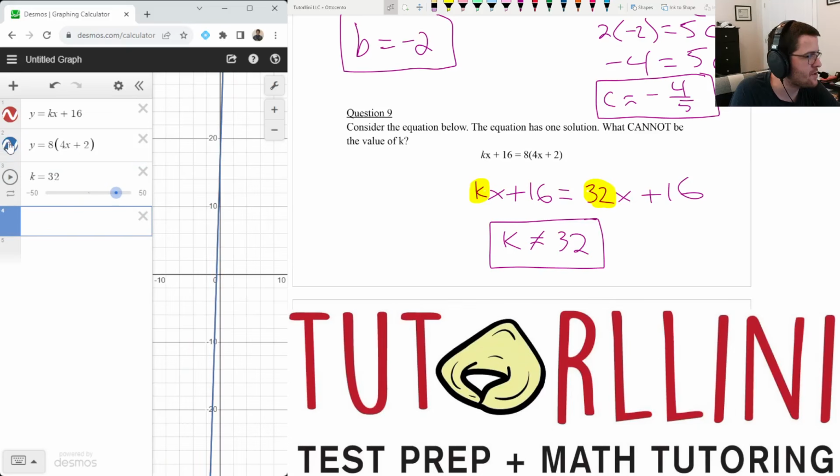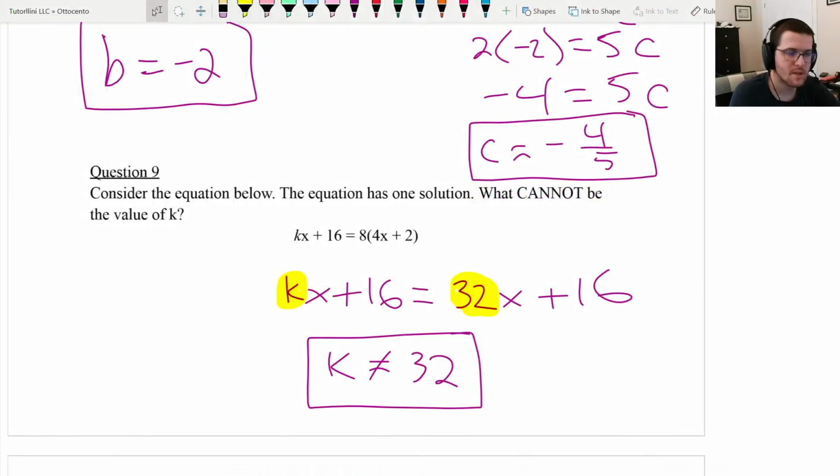So when k is 32, it perfectly replaces each other. So it has infinitely many, which we don't want. We want one solution. But see, everywhere else, no matter what else I make k, it will intersect. So it can be anything except 32, because 32 would result in infinitely many, which we don't want. Great.